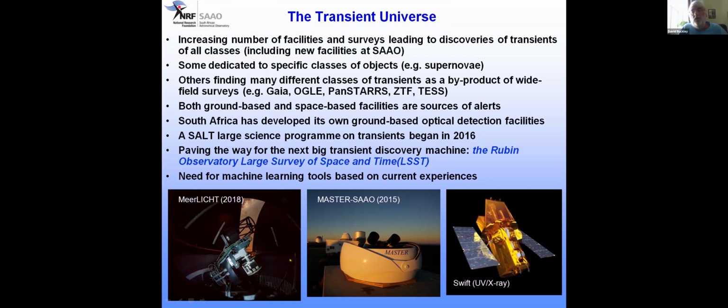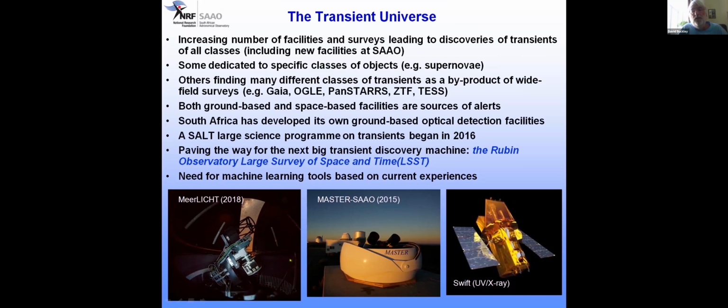And so what we've been doing with SALT is in some way in preparation for the next big step in transient astronomy, which will be heralded in by the Rubin Observatory's Legacy Survey of Space and Time, LSST. Some of you might remember it used to be called the Large Synoptic Survey Telescope, but it was renamed last year.